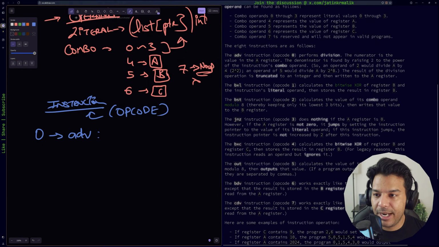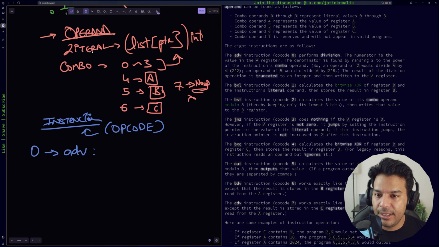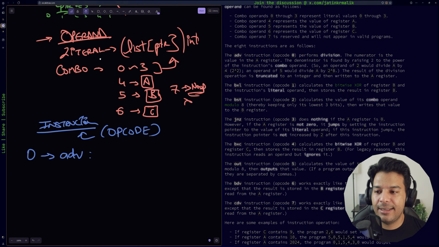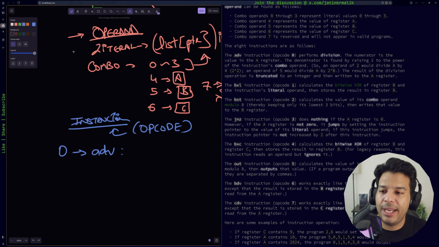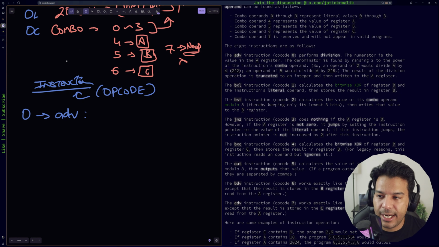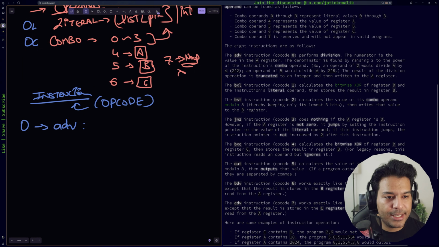So again, remember when you want to read the operand, there are 2 ways. It's either literal or it's combo. So we will have to take these notes here. Just to make it easy, I will represent this by OL and I will represent this by OC. So it's simpler for us to understand what it is pointing at. It performs division.